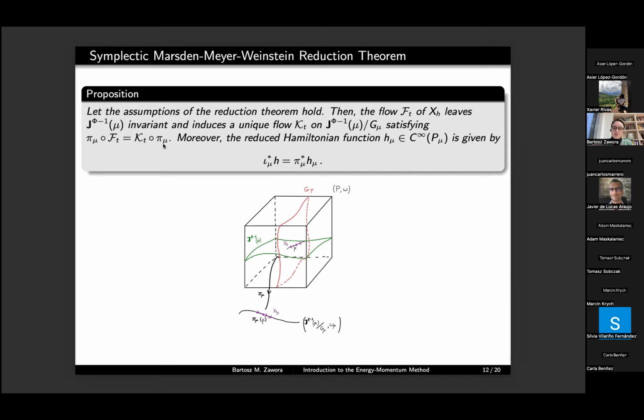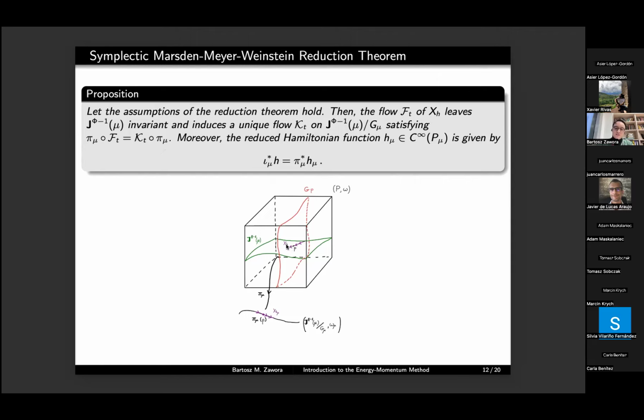And there is also a relation between the Hamiltonian functions: the pullback of the reduced Hamiltonian function with respect to the projection is given by the pullback of the initial Hamiltonian function with respect to the iota mu. So again, on the picture, we have our initial dynamics, X_H.